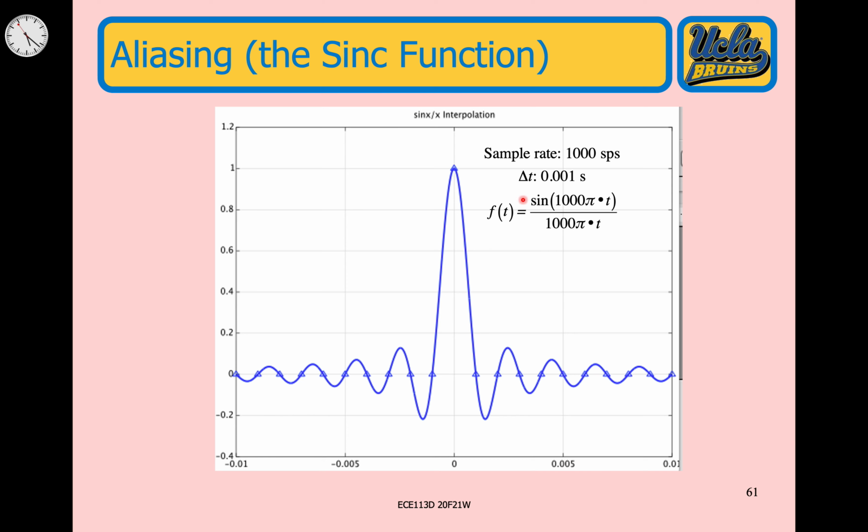And note that the delta t, if the sample rate is 1,000, the delta t is 1/1,000, and that means that the sinc function is 0 at every one of the samples where all these triangles are, except for the one where you're at, in time. There it's 1, so that gets multiplied. But look what's going on in between the samples, and that's what the interpolation is all about, right?